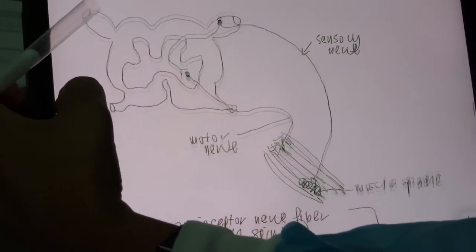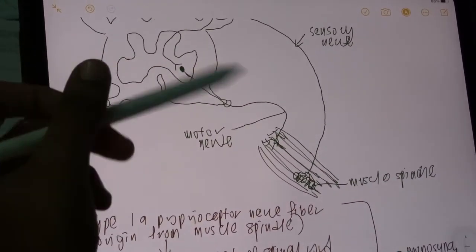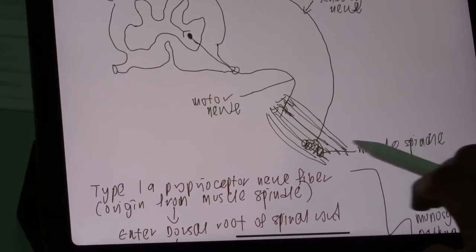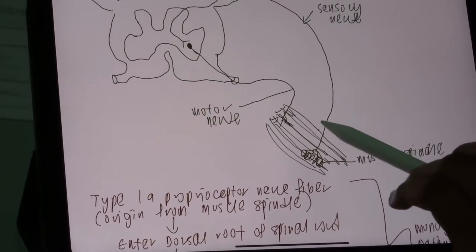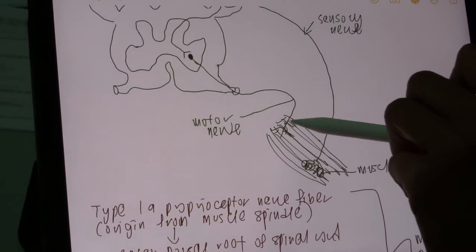This is the muscle spindle, with the type 1A proprioceptor nerve fiber, which originates from the muscle spindle.